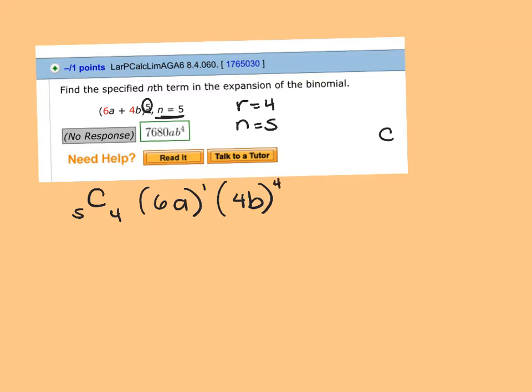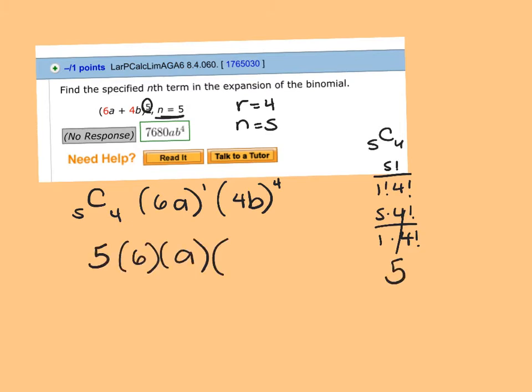So C, 5, 4, 5 factorial over 1 factorial times 4 factorial. These cancel. It's just 5 times 6 times A times 4 to the 4th, which is 256, B to the 4th. This is 30. 256 times 30.